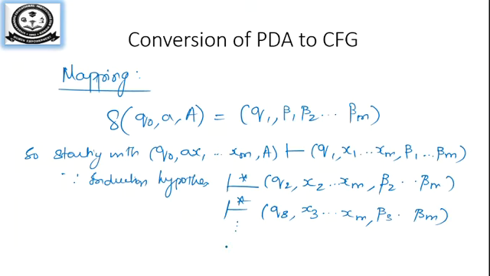When you come to the last state, it will be derived to (qm, xm, beta m), and finally all the strings or terminal symbols are going to be consumed. So you will have (p, epsilon).